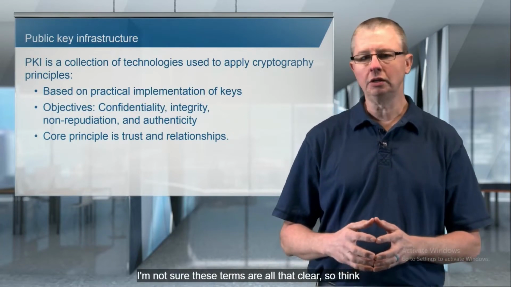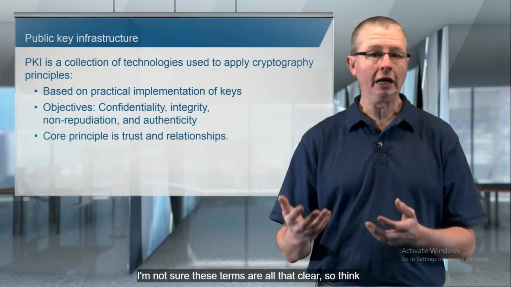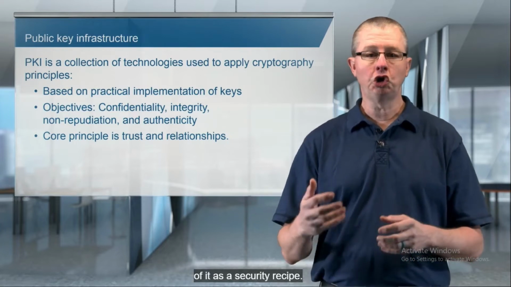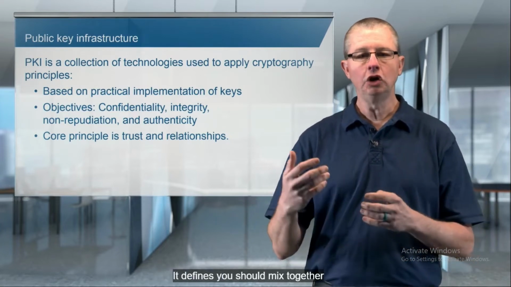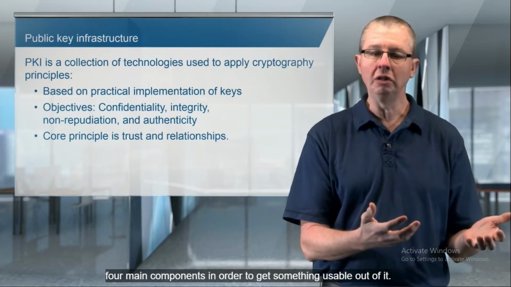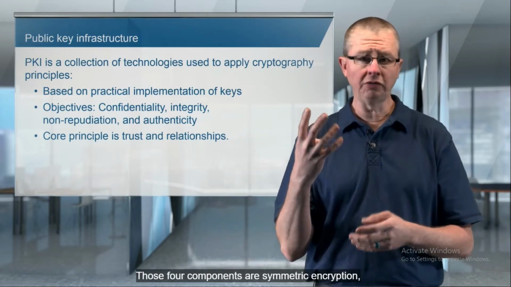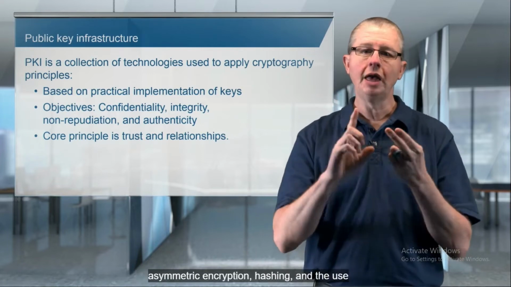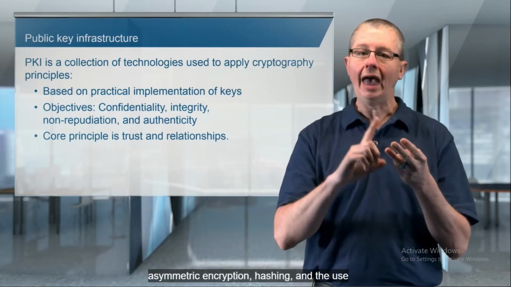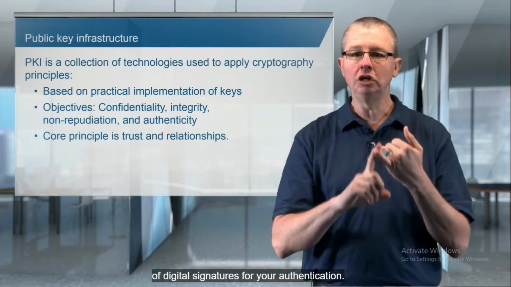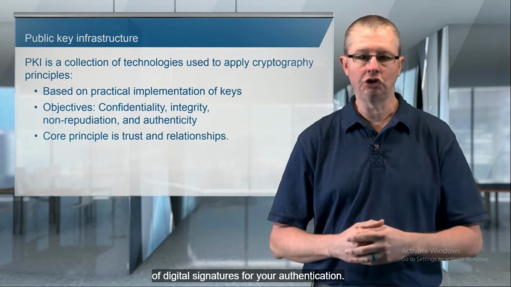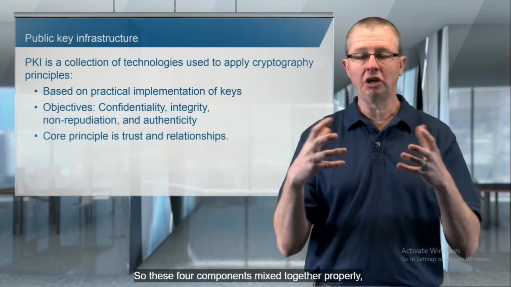I'm not sure these terms are all that clear, so think of it as a security recipe. It defines that you should mix together 4 main components in order to get something usable out of it. Those 4 components are symmetric encryption, asymmetric encryption, hashing, and the use of digital signatures for your authentication. So with these 4 components mixed together properly, we have a PKI solution.